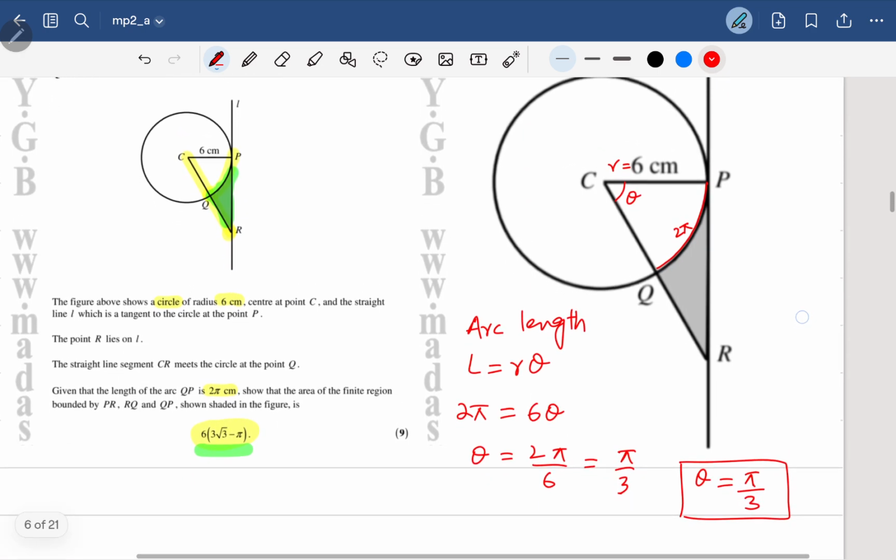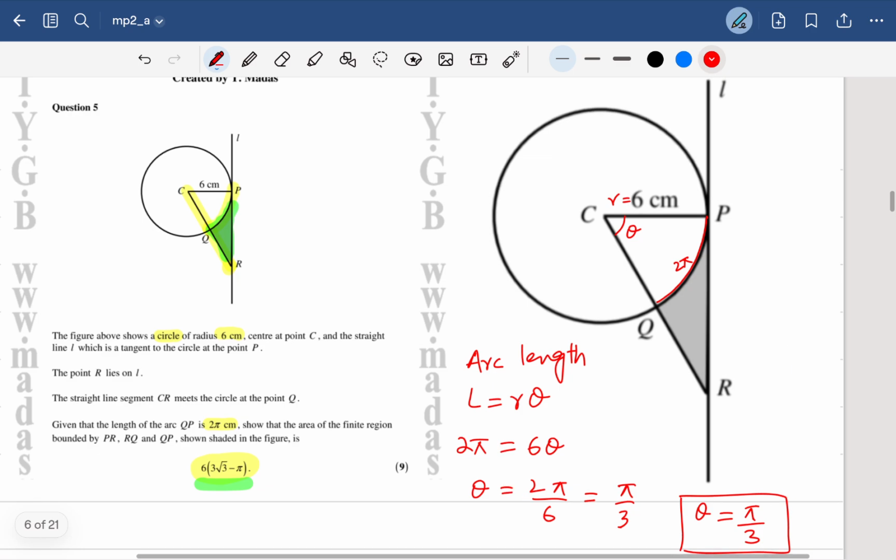And next, if we consider this triangle CPR, the bigger triangle, you can see you have the angle 90 degrees over here, and the side opposite to the 90 degrees is the hypotenuse of the triangle. Since this angle is theta, the side opposite to theta is the opposite, and this side is the adjacent.